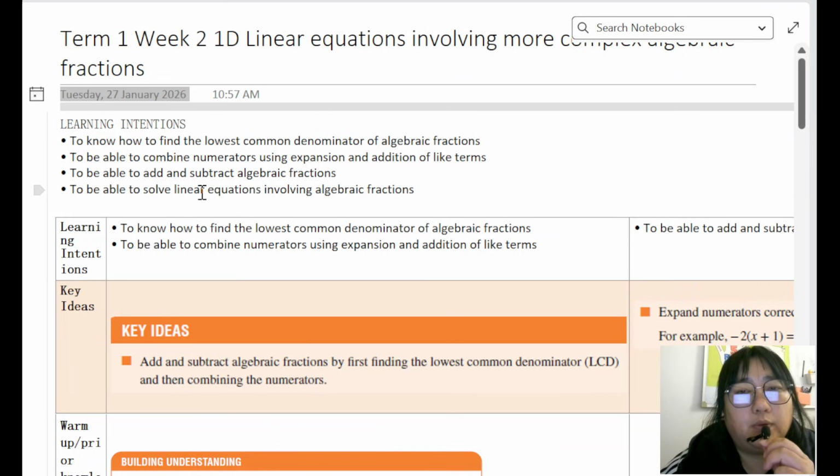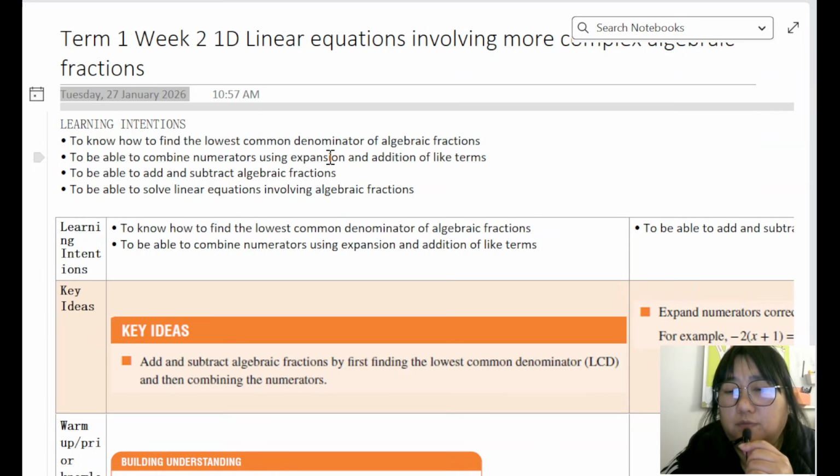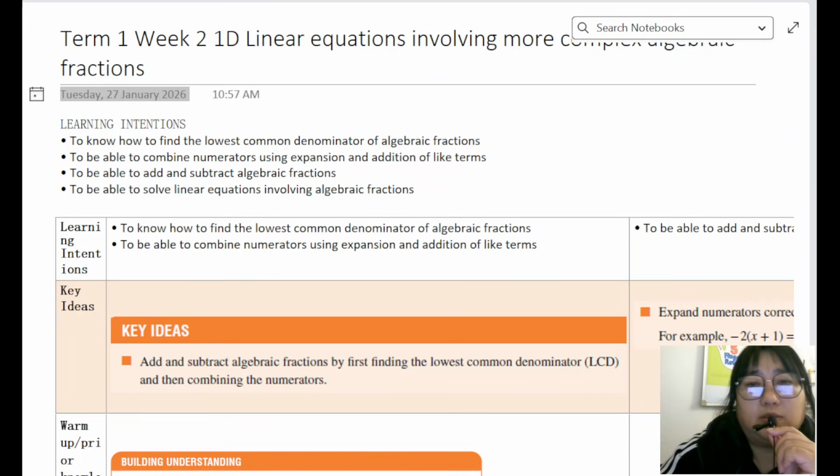Basically, today we will go through addition and subtraction with this kind of algebraic fractions, and also multiplication and division.